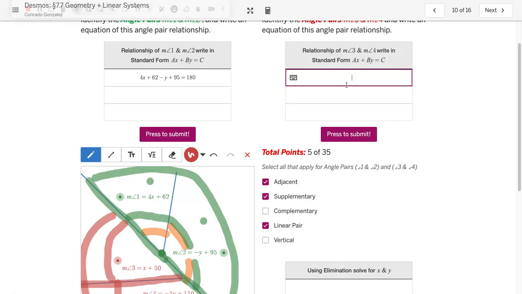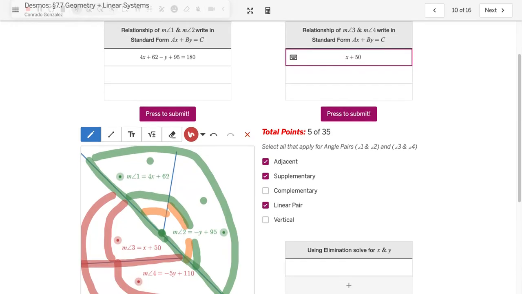That's x plus 50, minus 5y plus 110. Again, you're adding the expressions, but negative 5y just happens to be negative 5y, and that equals 180.